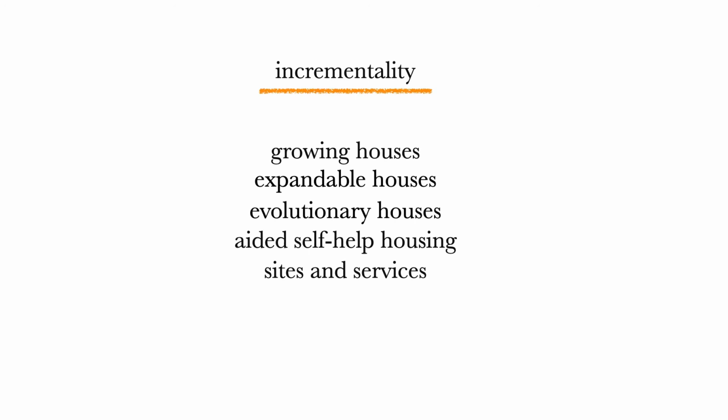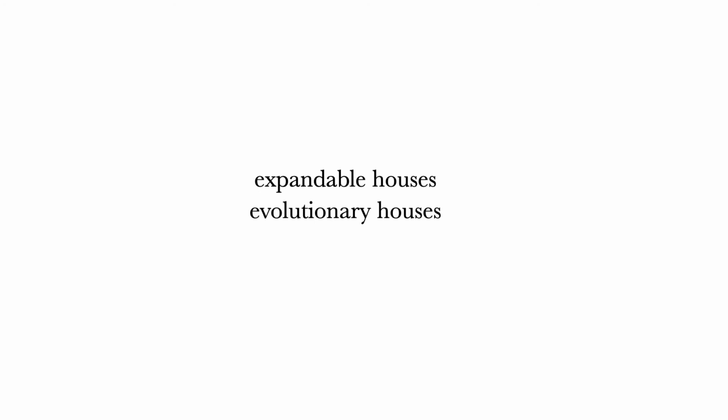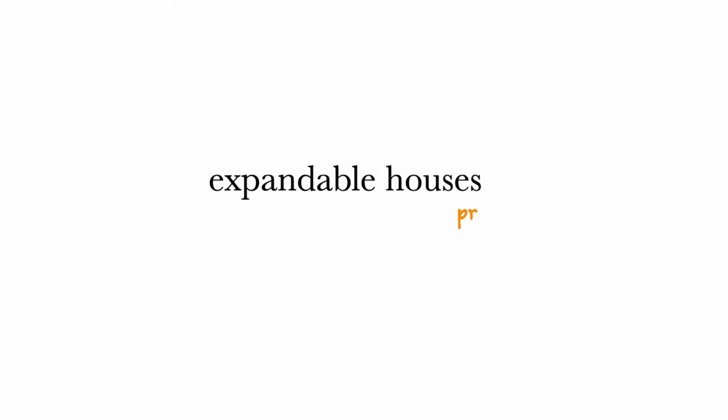The concept of expandable houses was being developed in parallel with the research on evolutionary houses. However, while evolutionary housing explored growth and change for a more theoretical or even academic framework, expandable houses was favored more by agents related with the actual production of housing, such as the real estate developers and engineers, for example.